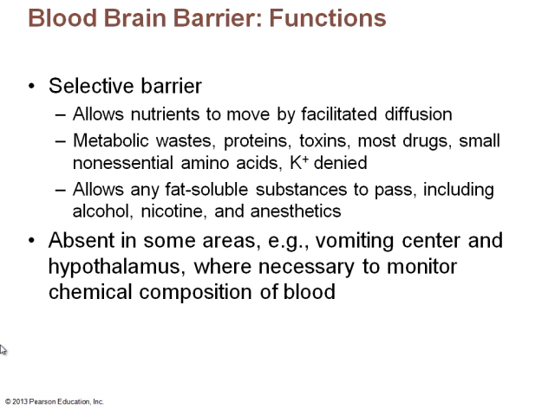So that barrier is very selective, only going to allow certain things to pass through, making sure we get rid of metabolic wastes, drugs, non-essential amino acids, potassium, all of these things. Nope, we're not going to let those in.